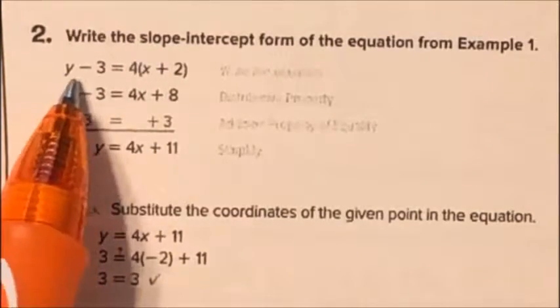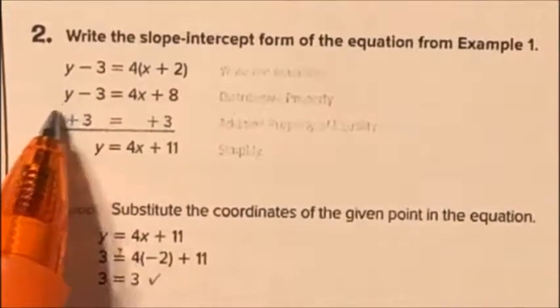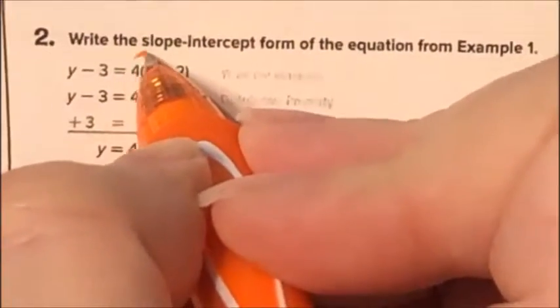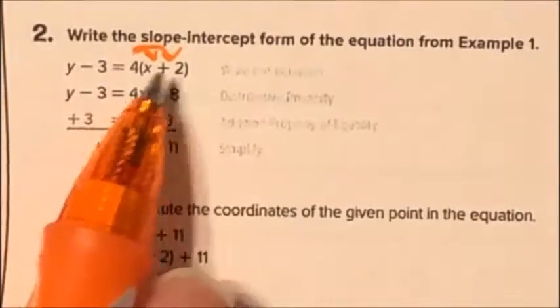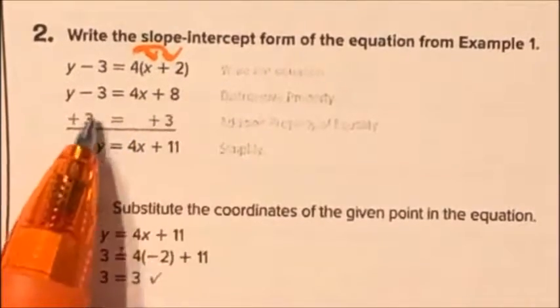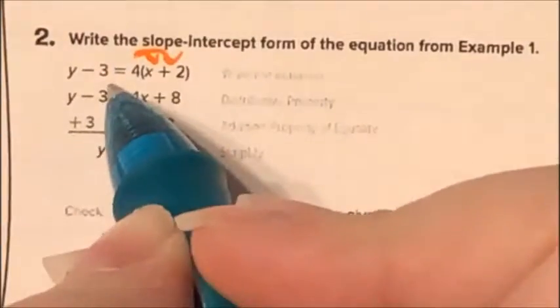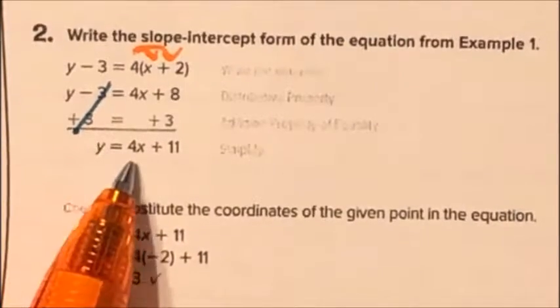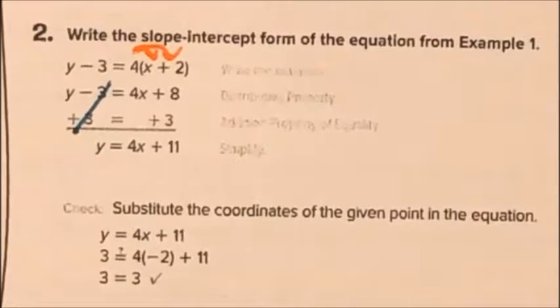The very first thing I'm going to do is use the distributive property. y minus 3 equals 4, and I'm distributing that 4 to the x and to the 2. So I get 4x, and 4 times 2 gives me 8. I'm going to add 3 to both sides. This cancels, so I'm left with y equals 4x, and 8 plus 3 gave me 11. So y equals 4x plus 11.